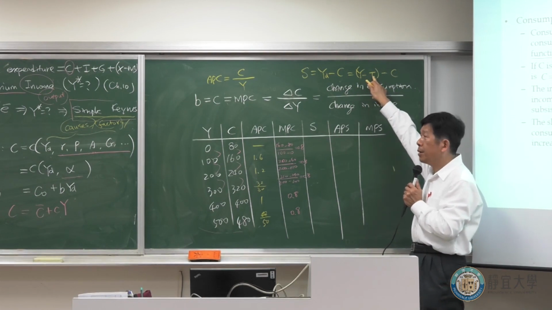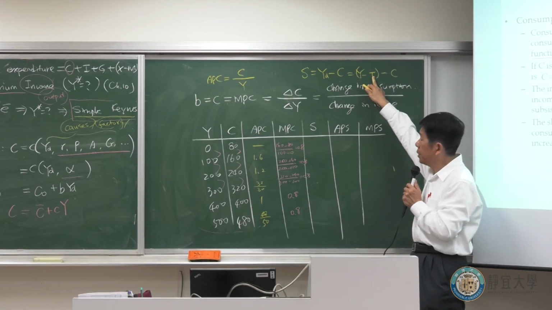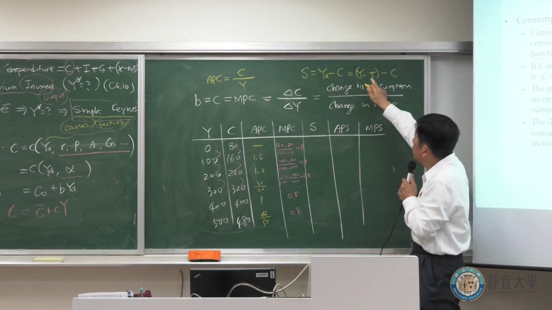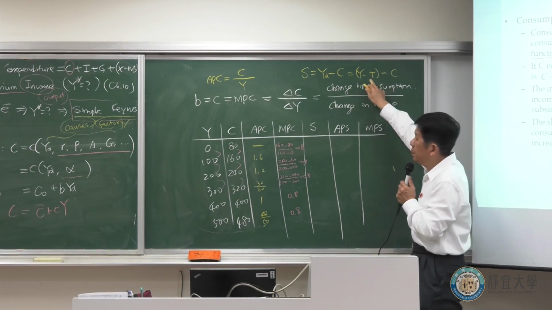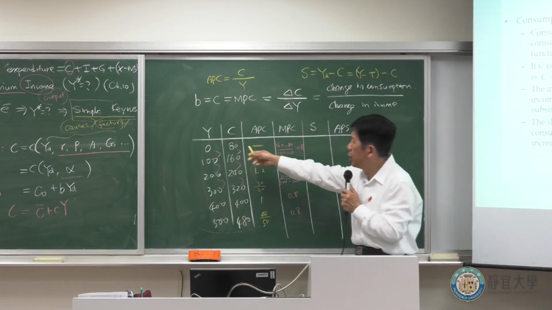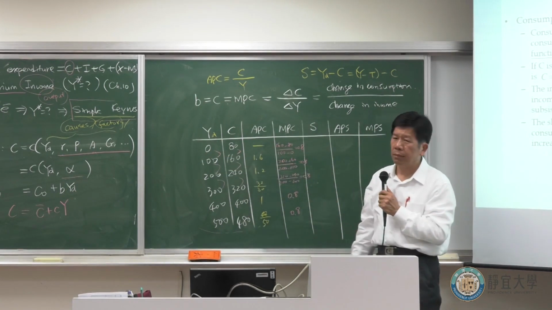After tax, we call it disposable income. This disposable income you can use for consumption and savings. So savings equals disposable income minus consumption. So here you can check, for example, this is YD.